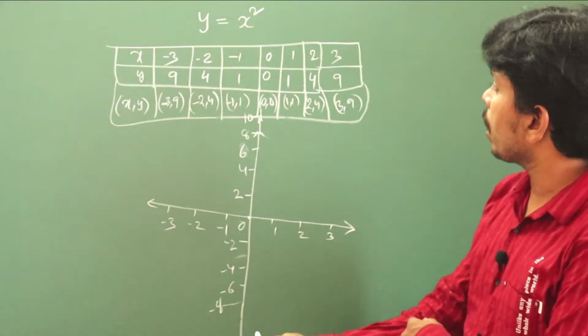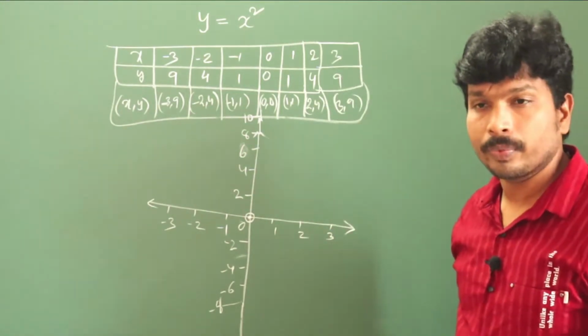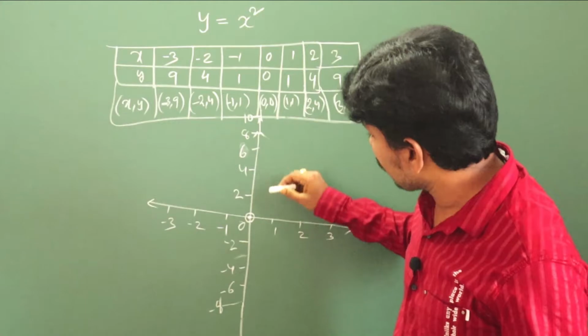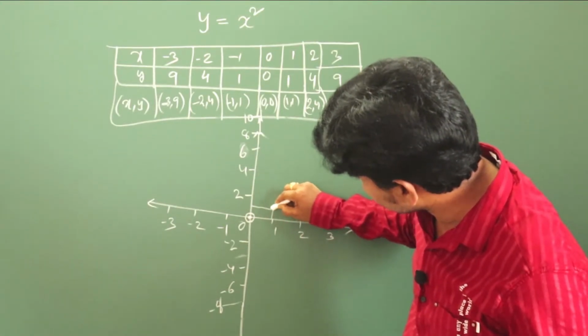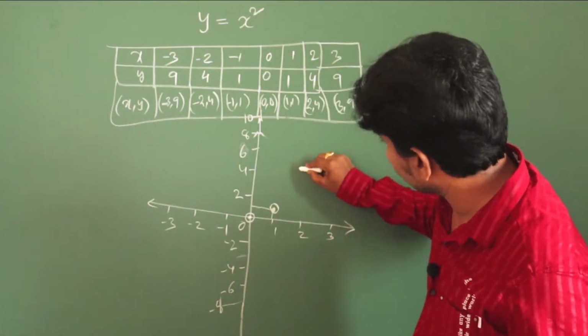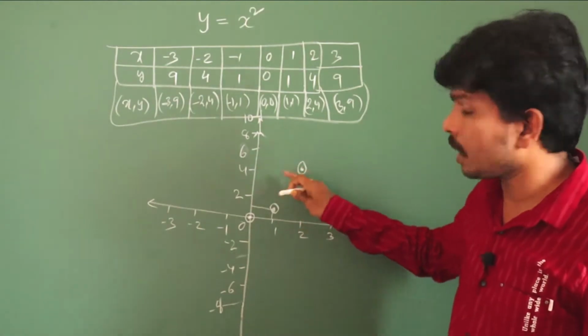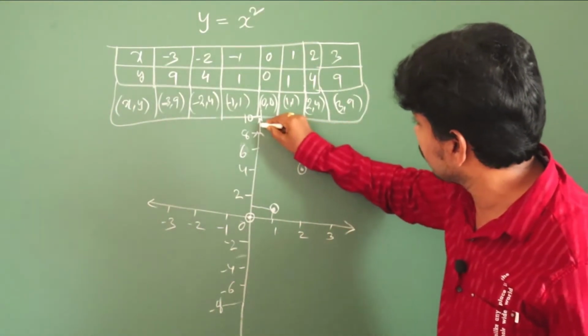Now plot these points on the graph. 0 comma 0. See, this is 0 comma 0. And 1 comma 1. This is x coordinate 1, so this is 1 comma 1. 2 comma 4. This is 2 comma 4. And this is 3 comma 9. See, this is 9.